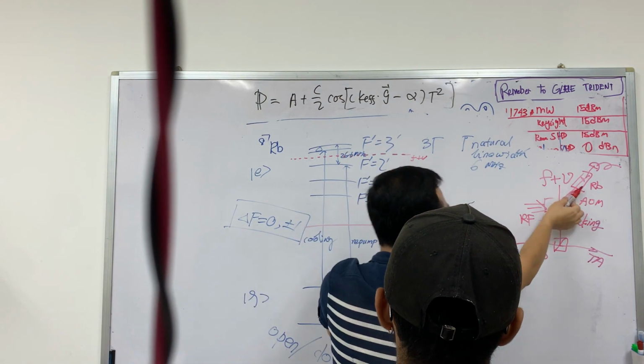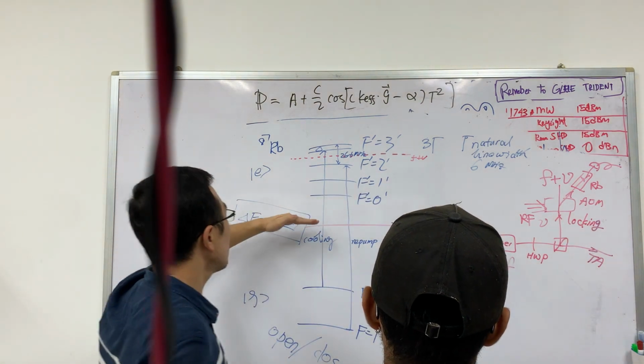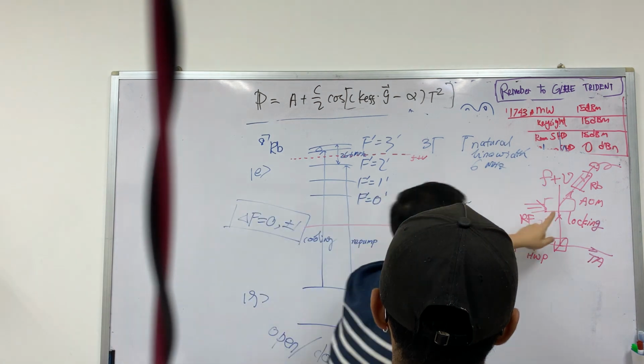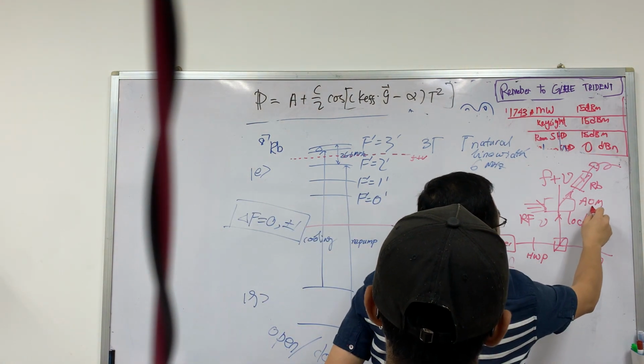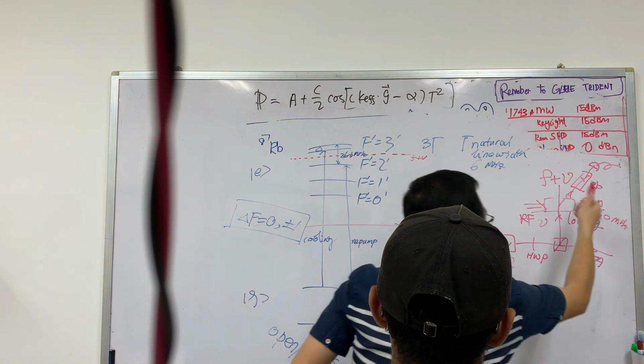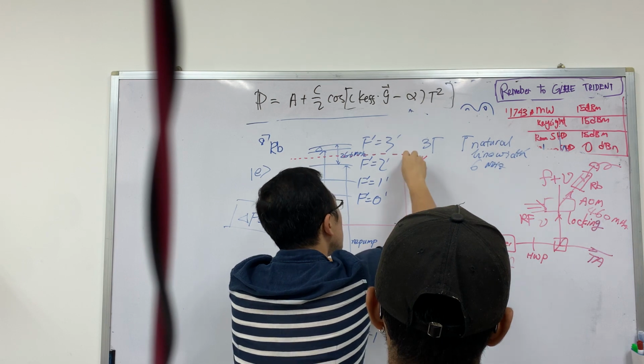If you shift it negatively, F minus mu is on resonance. That means your frequency is higher than that. Say you shift it 460 megahertz up, then that means this is 460.